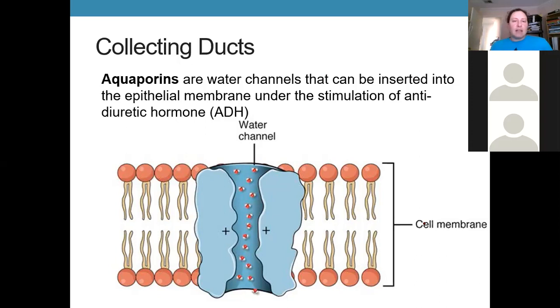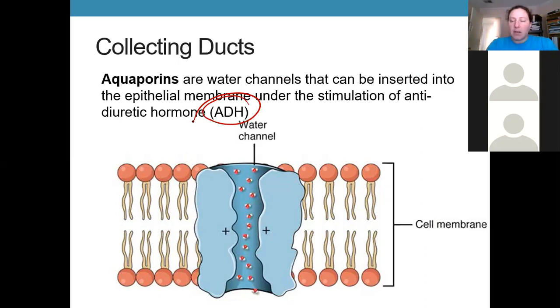And that's because they have water channels called aquaporins that can be inserted into the tube to increase water reabsorption when we need to retain water, like when we shouldn't be peeing it out. So we get more water channels when antidiuretic hormone says we need to retain the water. Remember that antidiuretic hormone is released when we don't want to lose extra water in the urine.